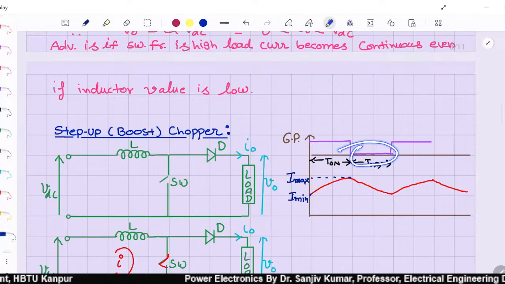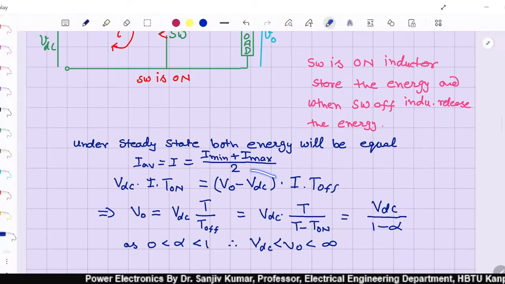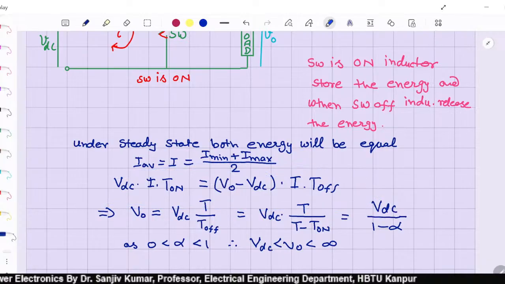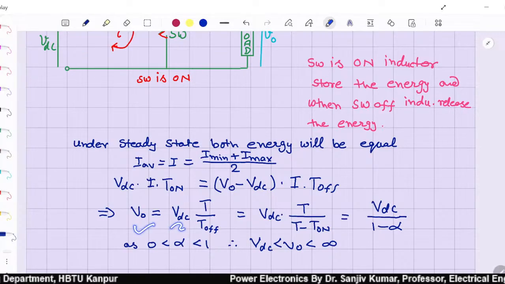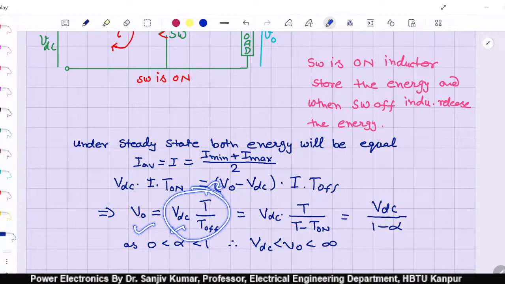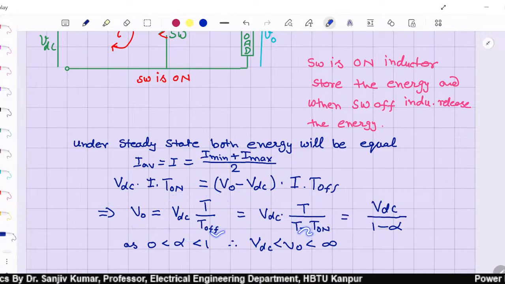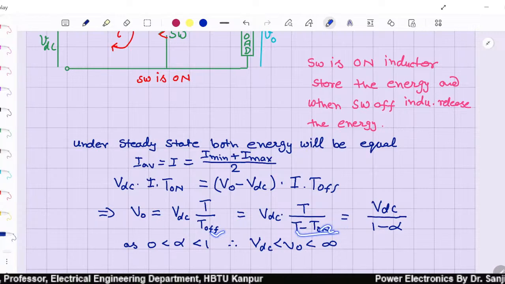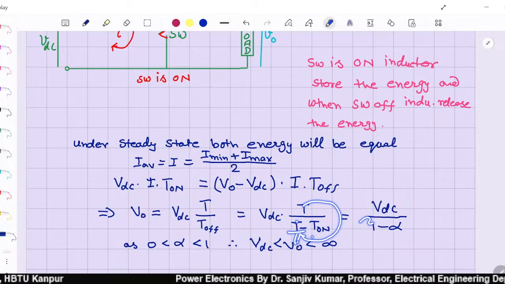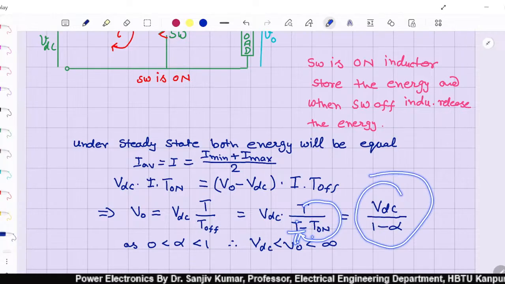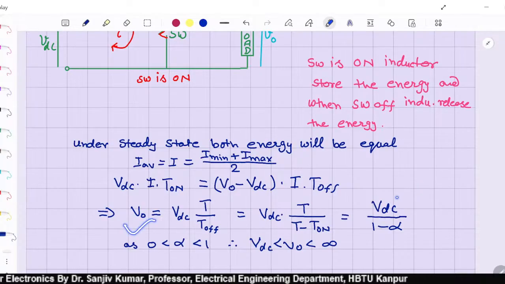When the switch is off, these two energies must be equal. So from here we get V output is equal to VDC times T upon T off. We can write T off as T minus T on, so it is 1 minus alpha. Now output is input voltage divided by 1 minus alpha.